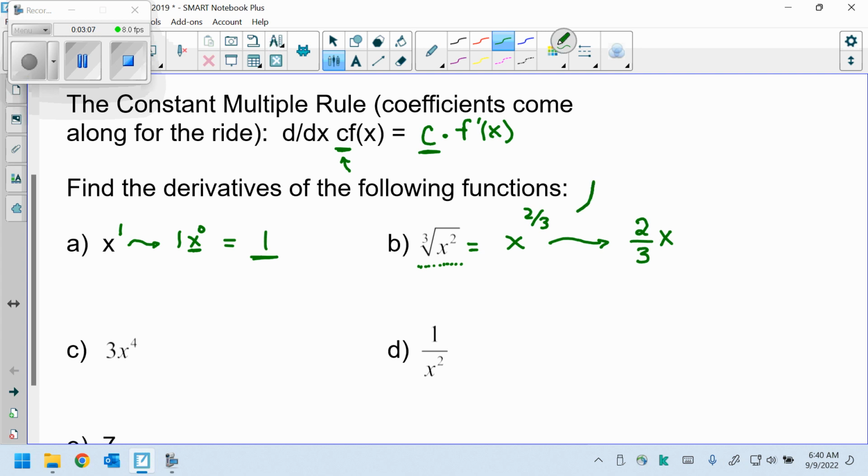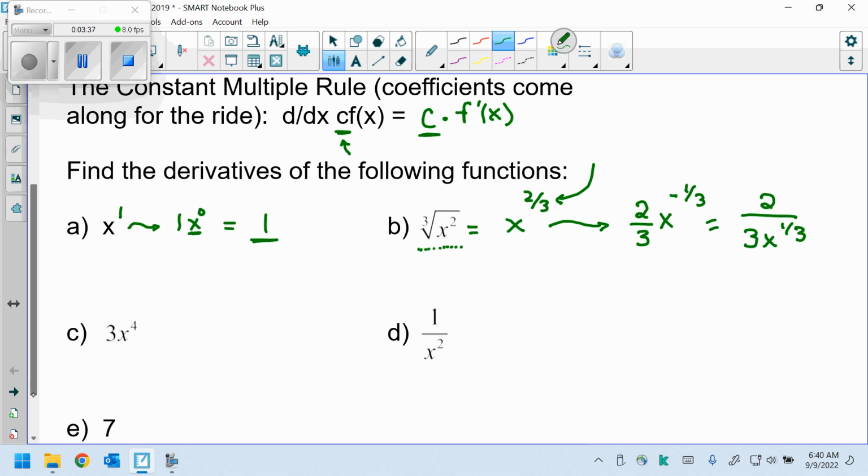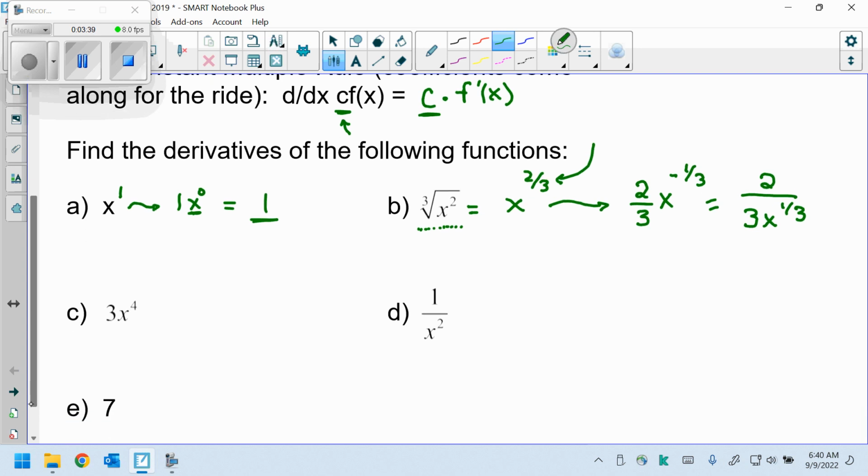And if I decrease this by 1, if I decrease it by 3/3, my exponent is now negative 1/3. So that drives it down to the bottom of the fraction. To write it like this is absolutely fine. To say this is going to be 2 over 3x to the 1/3, also fine. Different ways of writing the correct answer. 2 over 3 cube roots of x, also fine.